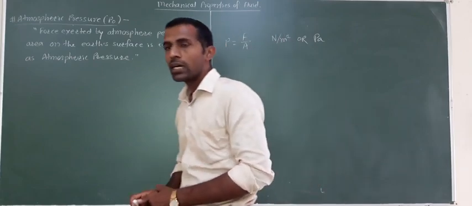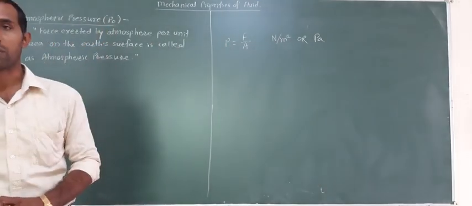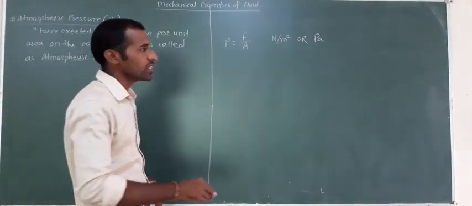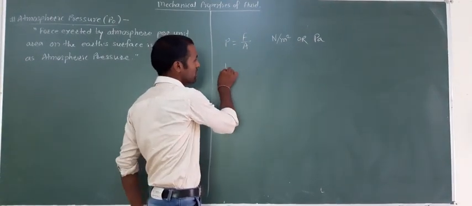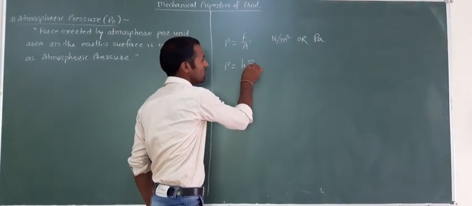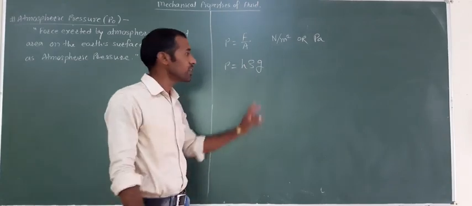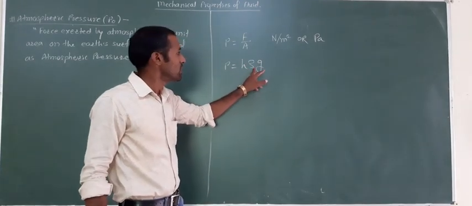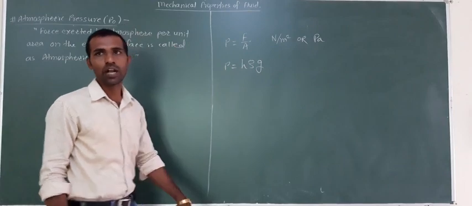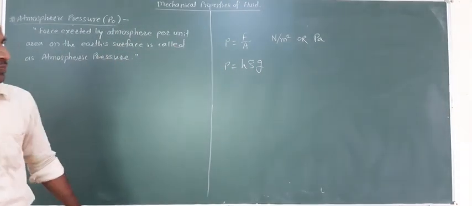Then we have calculated pressure exerted by liquid column. That pressure is given by h rho g, where h is the height, rho the density and g the acceleration due to gravity. This equation we have derived in the last session.